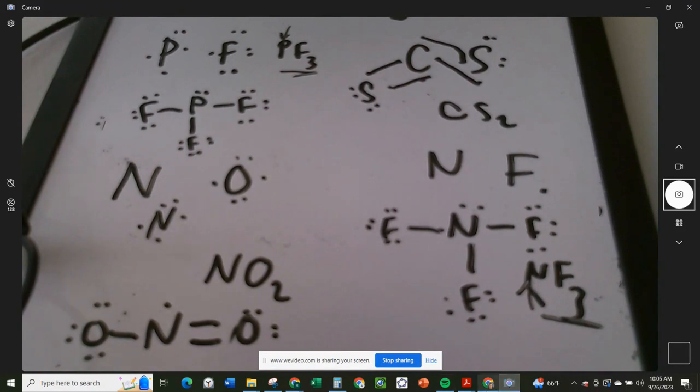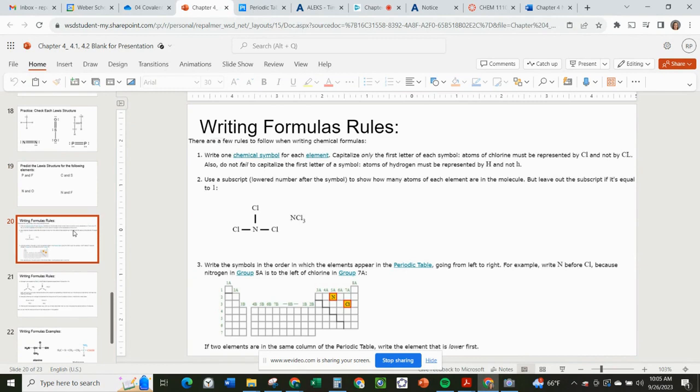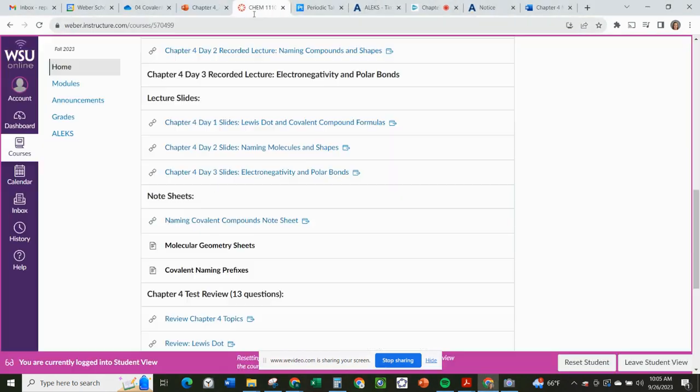Okay, let's keep going in our slides. The last thing that we're going to talk about in this slide presentation is writing formulas. So if we go to the Canvas page for chapter 4, in the chapter 4 module, there are some note sheets here that might help you.